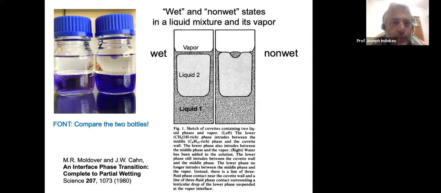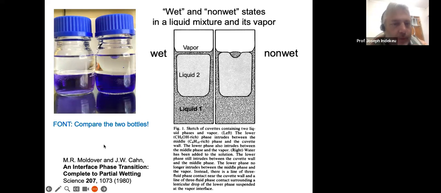But let us for a moment suppose that we're looking at equilibrium systems. Then in equilibrium, in the system on the left, it would not be possible to suspend a droplet here, because if we would, the droplet would spread out fully across that entire interface. Whereas on the right, we can suspend a droplet with a particular geometry, with a particular contact angle. And we will see that the contact angle that we can have depends on the water concentration in the sample. But that will come back in a moment.